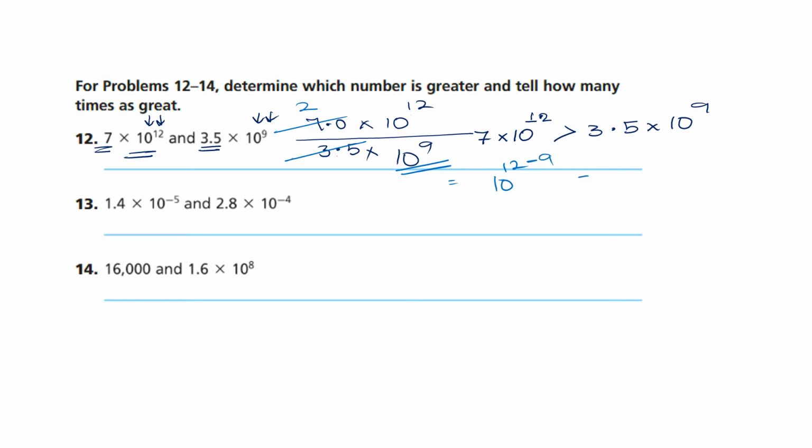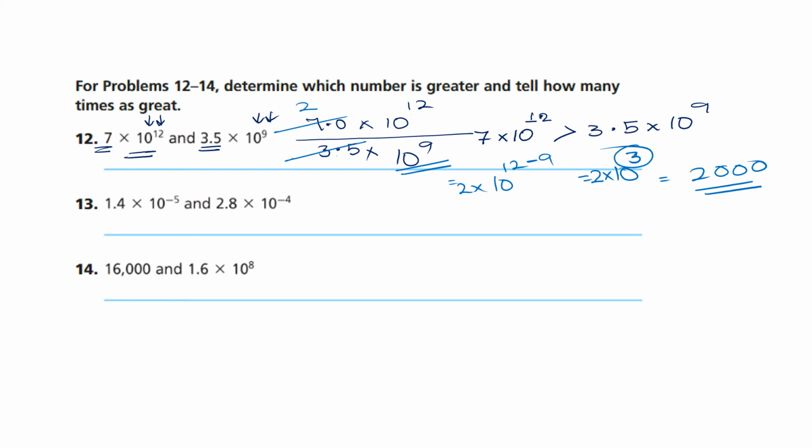This will give you 12 minus 9, 10, 11, 12. It will give you 3. So it will give us 2 times 10 to the power of 3. Right? So now after the 2, how many zeros will you put? 3 zeros, of course. So it is 2,000 times greater.